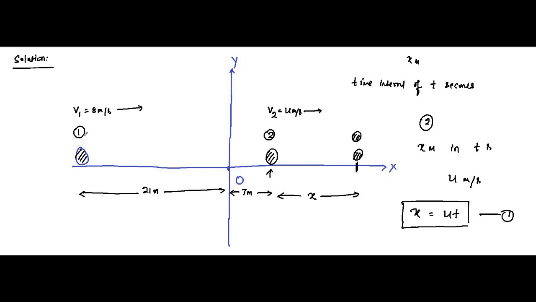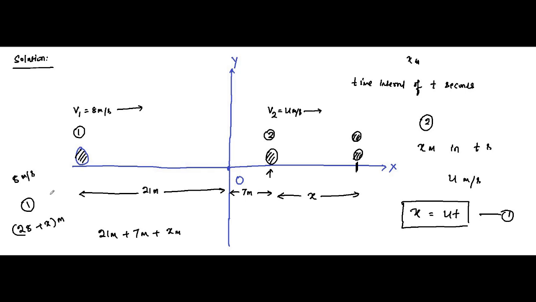Now, for both particle 1 and particle 2 to meet, particle 1 has to cover a total of 21 meters, then 7 meters, then x meters, which is basically equal to 28 plus x meters. This is the total distance covered by particle 1, which is traveling at 8 meters per second.